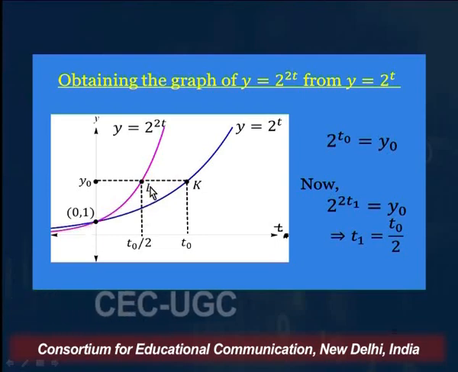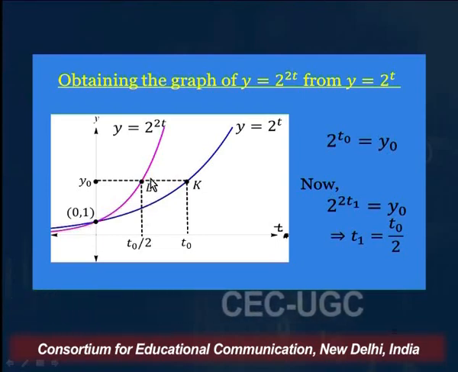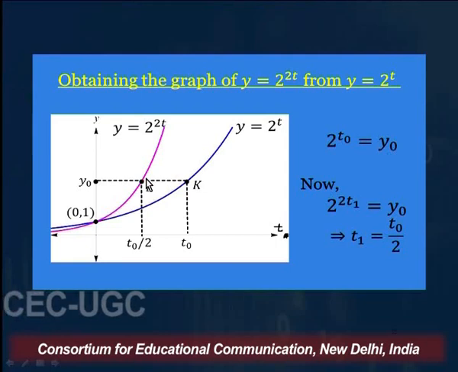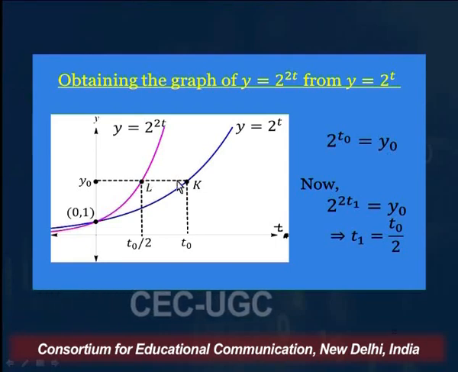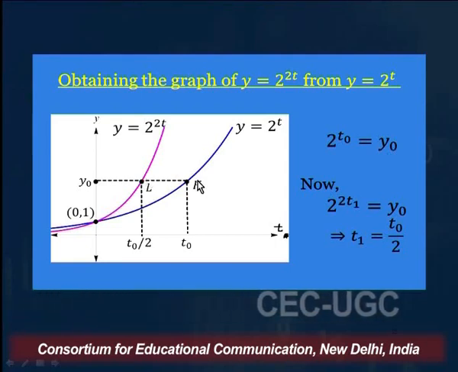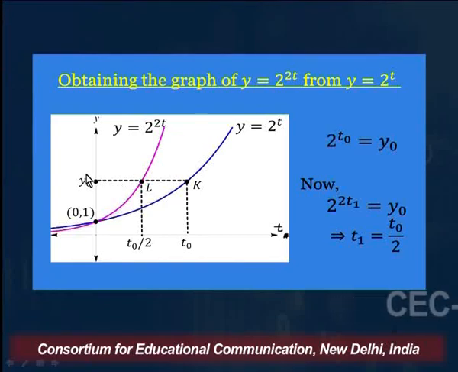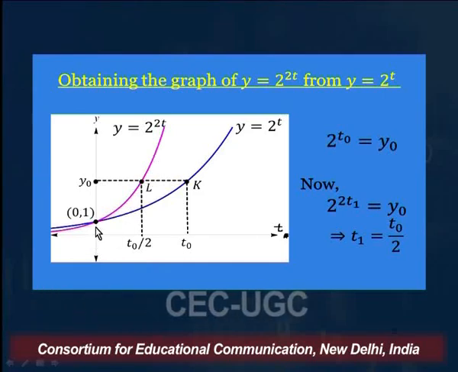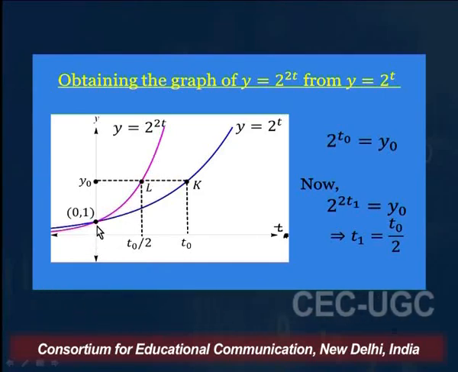The graph of y equal to 2 to the power 2t, we can see here is a compression. It has been compressed to the left, right, in such a way that it is now halfway between the original graph y equal to 2 to the power t and the vertical axis. Now, why is that? Let us see, and also note here that the new graph is also passing through the point 0, 1. 0, 1 is a point on both graphs.